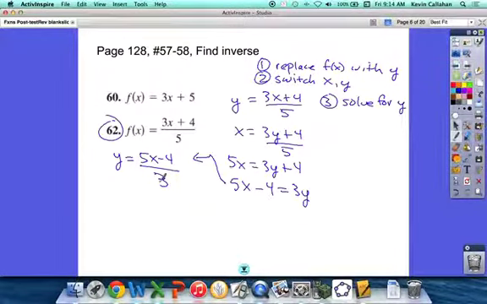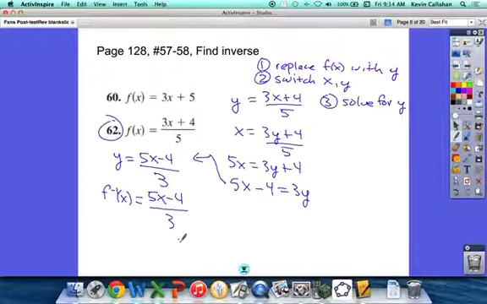And then replace the y with f to the minus 1 of x. But just remember that in a multiple choice format for an inverse, it's the same.